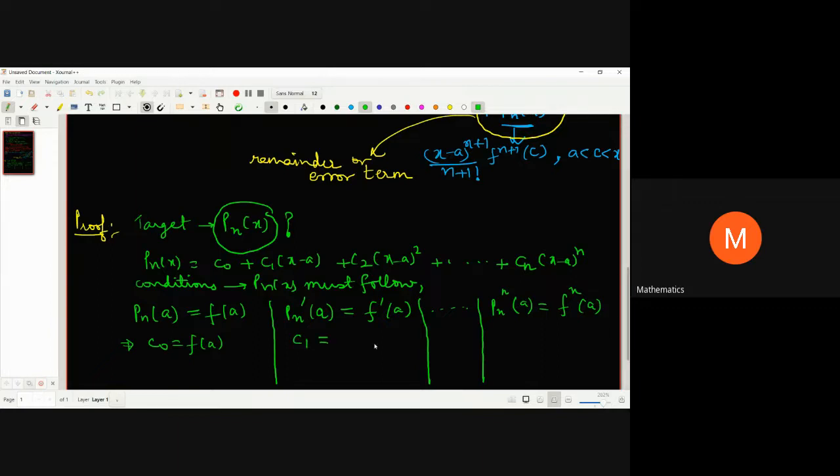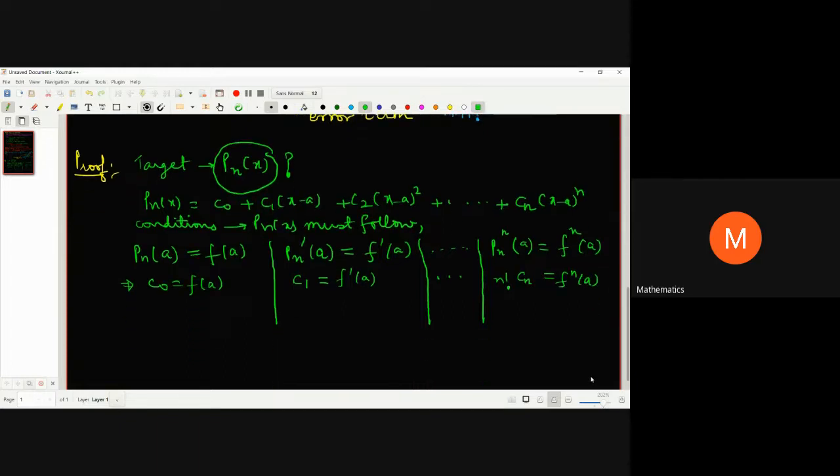C1 is equal to f'(a). Continuing like this, n! times Cn is equal to the nth derivative of f at a.